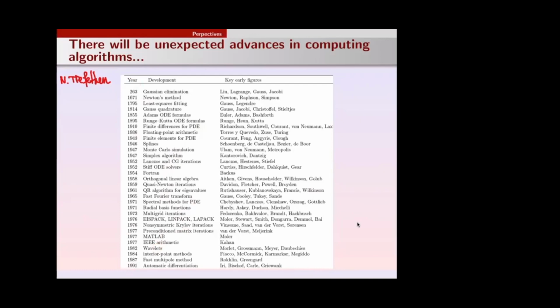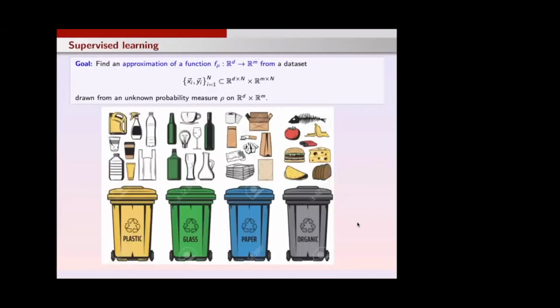This list is of course not complete. It is just one list of some of the most fundamental computational developments, and also the names of some of the contributors to these fields. So this really is to emphasize the importance of combining nowadays methods from analysis with computational mathematics.